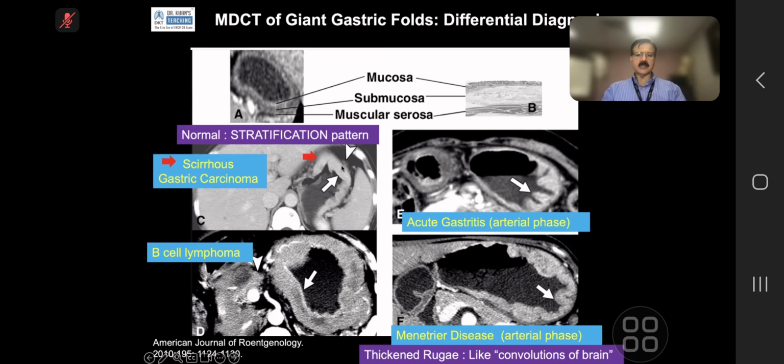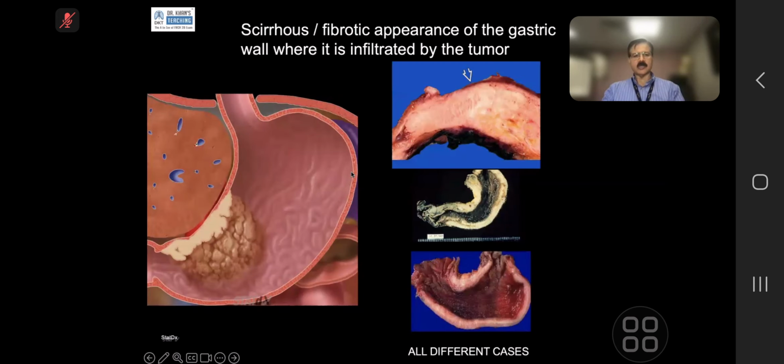If you can see here, this is the normal mucosa, submucosa, muscularis mucosa. Of course, on each study you might not see it, but having said that, you can see this is what we call serous gastric carcinoma because there is no stratification. It is all a single type of enhancement.